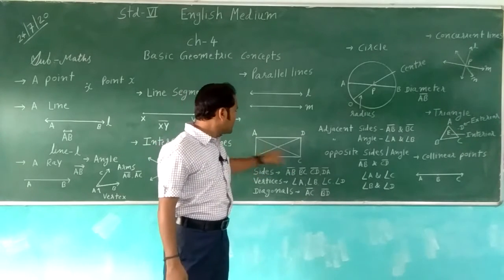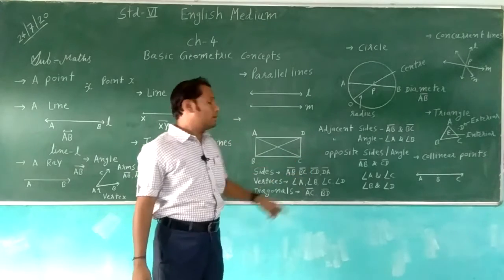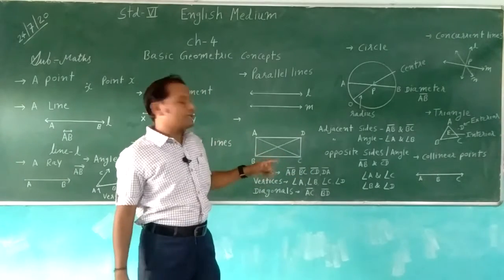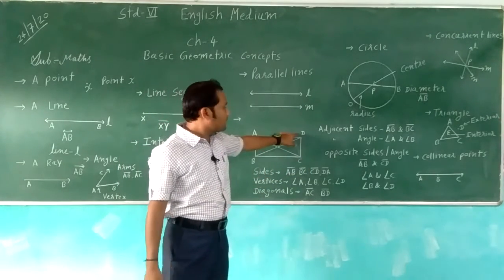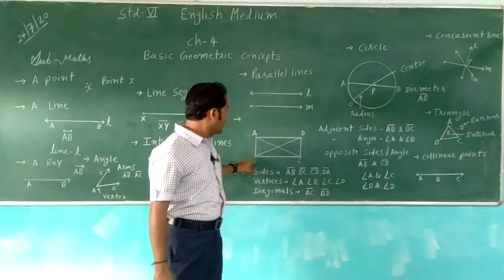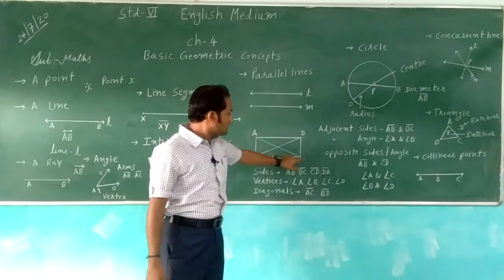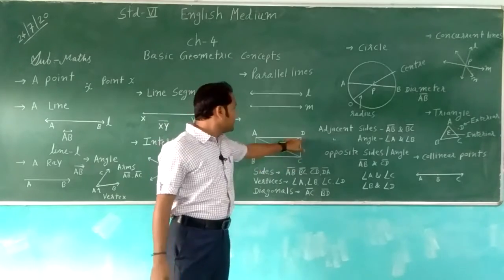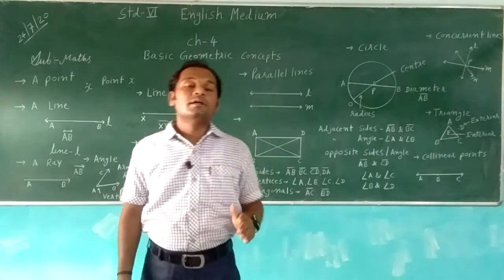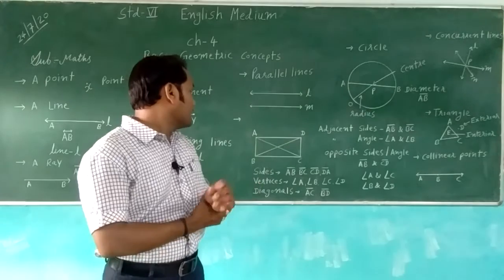So line AC is a diagonal, and another pair of opposite angles is angle B and angle D. So line BD is also called a diagonal. In short, line AC and line BD are both called diagonals of the rectangle.